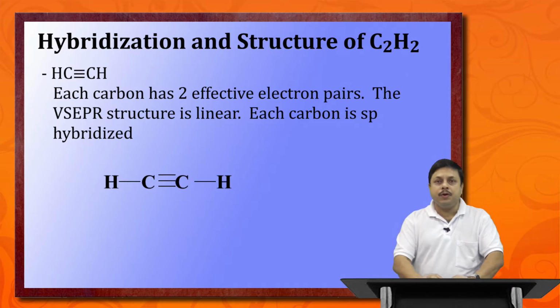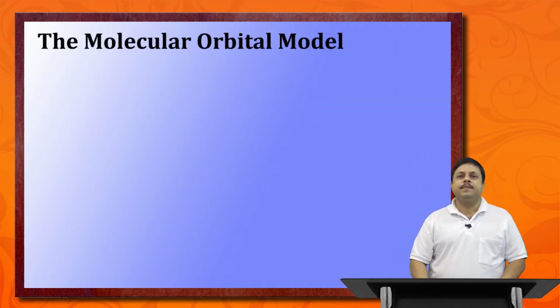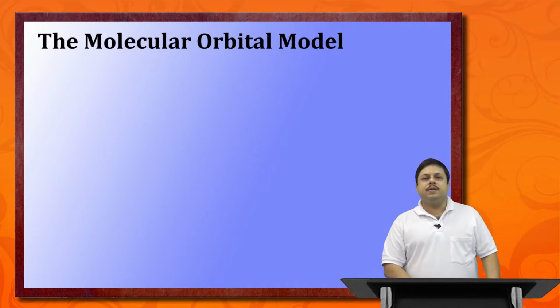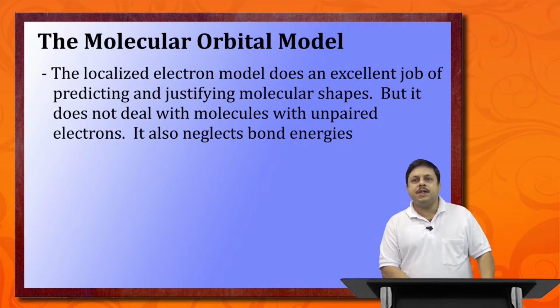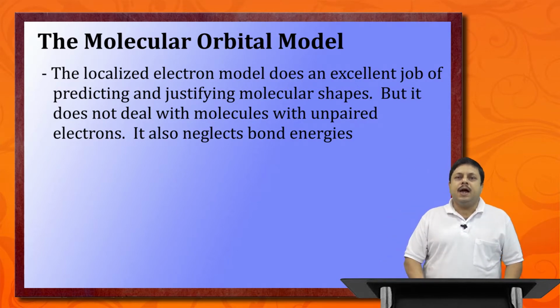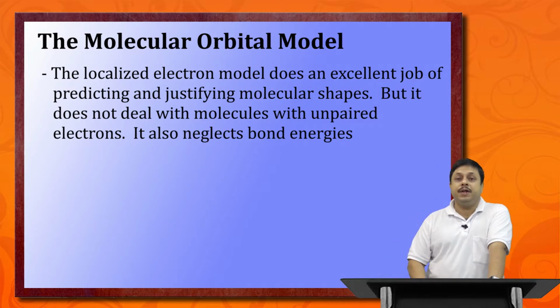Now let us move on to another very important model, which is the molecular orbital model. The localized electron model, as we have just seen, predicts and justifies molecular shapes in a fantastic manner. But it neglects certain things. It neglects the bond energies.